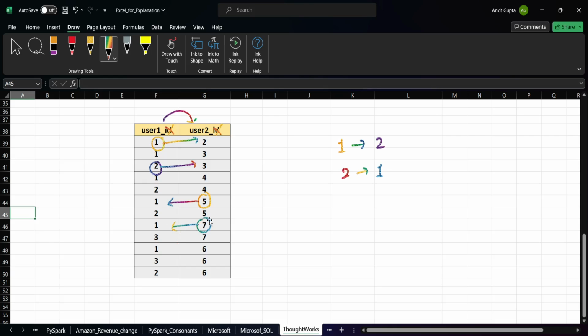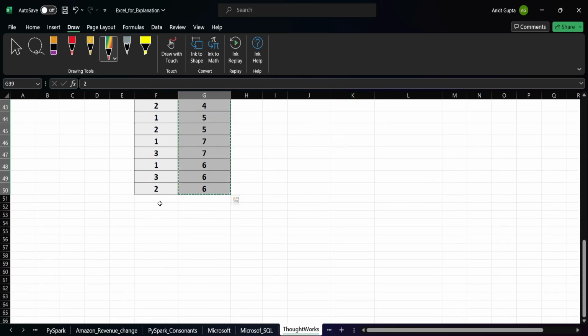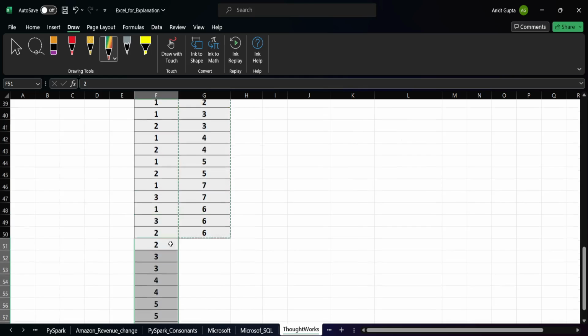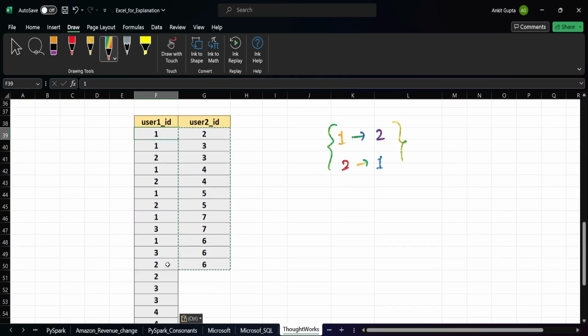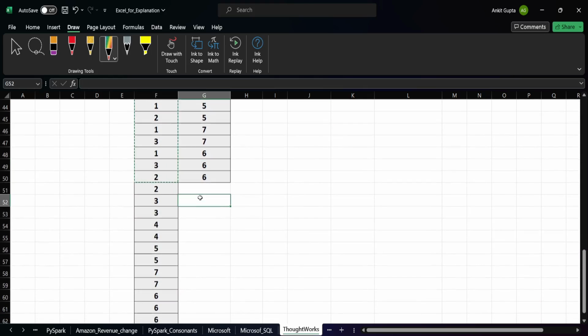So what we can do is union these two columns, right? Let me explain how this will make sense. Here one is saying I'm a friend of two, and two is saying I'm a friend of one. So we can generate all possible combinations. We can have it here, and similarly we can have it here.